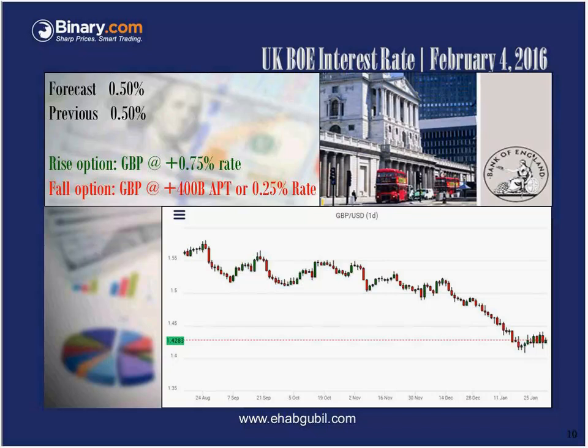The UK Bank of England interest rate will be released on Thursday at 12 p.m. London time. The Bank of England interest rate decision will probably not surprise the market, because recent comments by Carney have been clear that the MPC will not hike rates, but we should watch this high impact news.